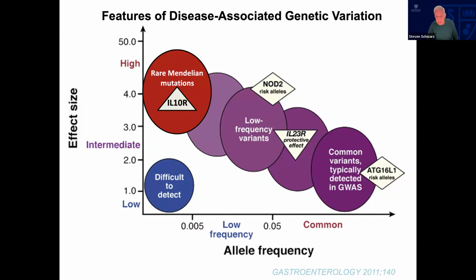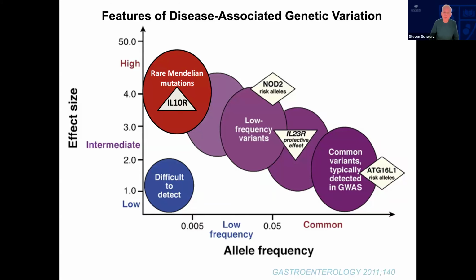Not surprisingly, those gene mutations which are most common, and I'm looking at ATG16L1, remember this is autophagy, are clearly risk alleles, but do not determine disease. So you can have modifications in ATG16L, and that's not rare at all, but because it is so common, it really is not directly associated with disease.